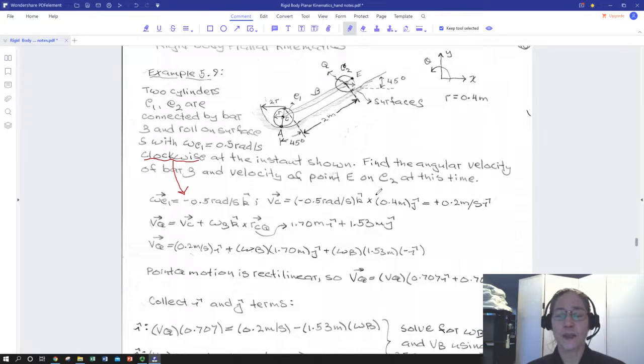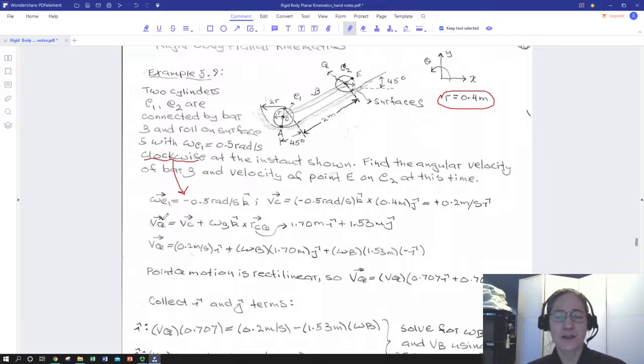That's my omega k crossed with my invariant point to the center, which is positive 0.4 meters, the radius of each of those cylinders being 0.4 meters. So now I've got an expression for the center point velocity of C1.